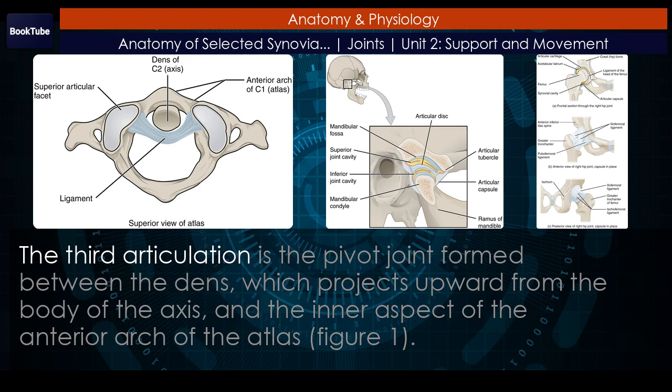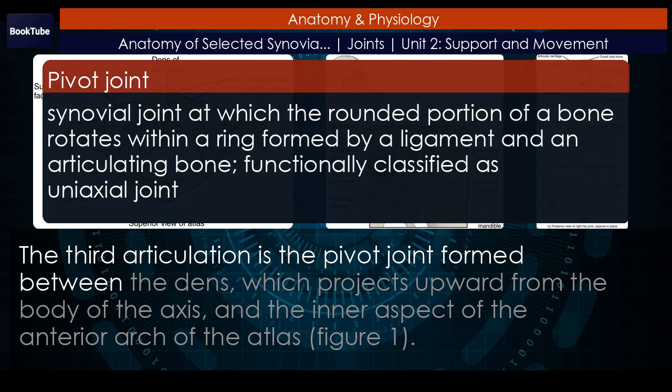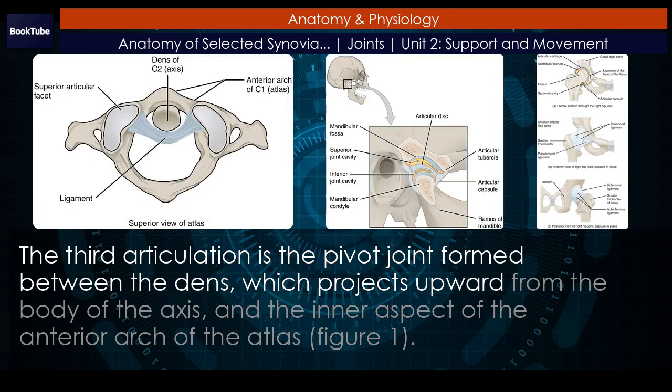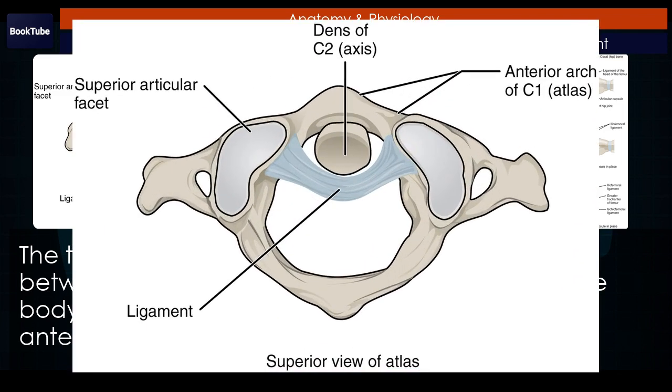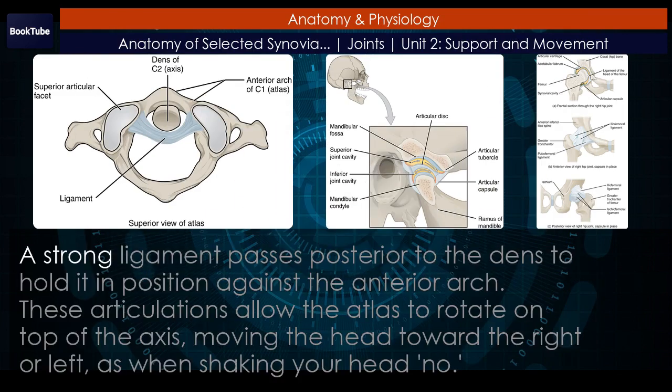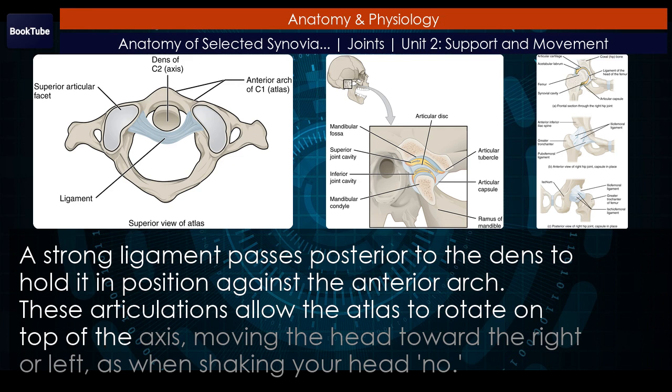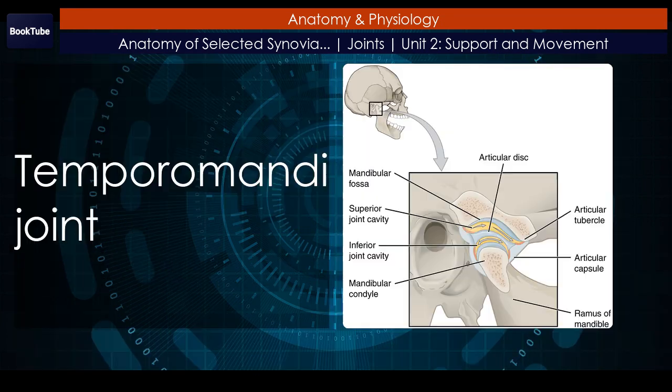The third articulation is the pivot joint formed between the dens, which projects upward from the body of the axis, and the inner aspect of the anterior arch of the atlas. Figure 1. A strong ligament passes posterior to the dens to hold it in position against the anterior arch. These articulations allow the atlas to rotate on top of the axis, moving the head toward the right or left, as when shaking your head, no.